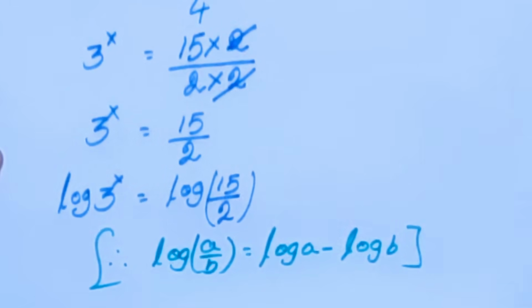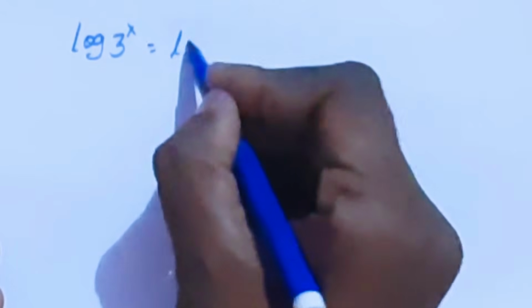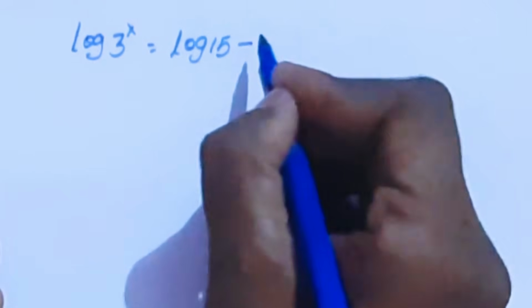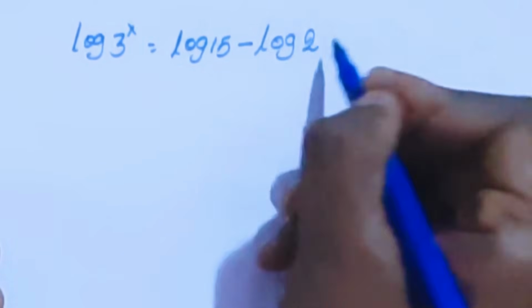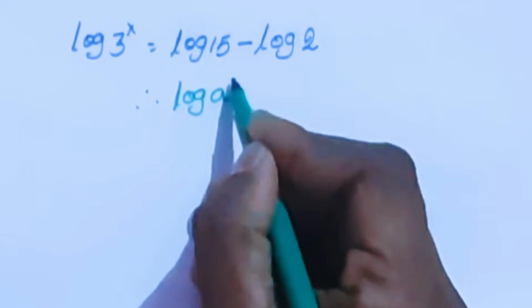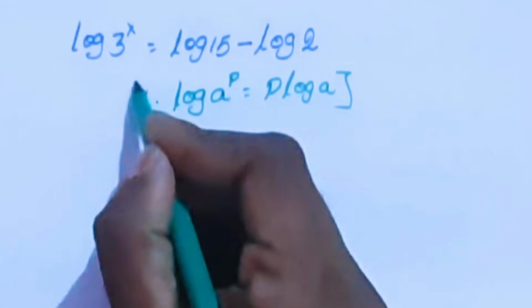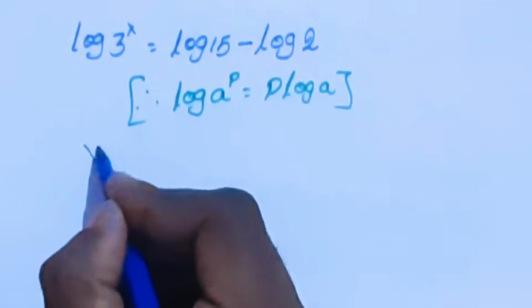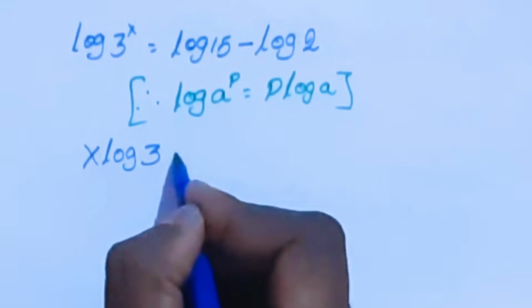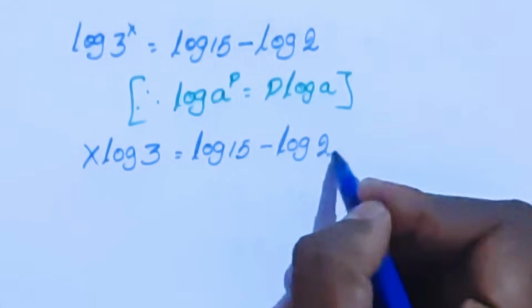So log 3 power x equal to log 15 minus log 2. Now we are going to apply that log power formula, that is log a power p equal to p log a. This formula we are going to apply. So this x will come here. So x log 3 equal to log 15 minus log 2.